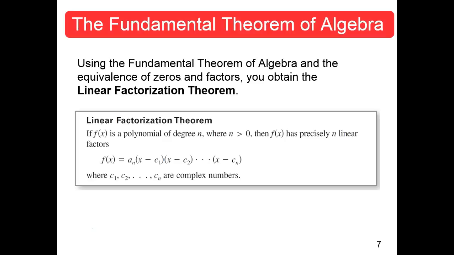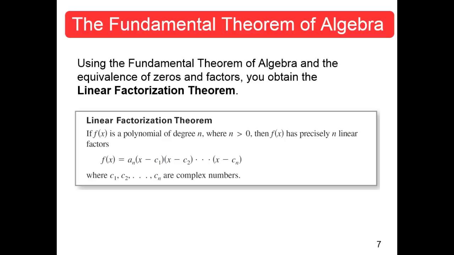They are complex constants. Of course, what is included in a complex number? Any number. Real numbers are all complex numbers. So these could be real, or they could have imaginary parts. But you have precisely this number of factors, because if you set each one equal to 0, then x equals c1, x equals c2, up to x equals cn. You have that many zeros.